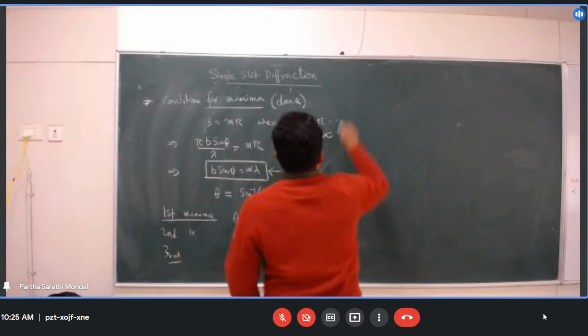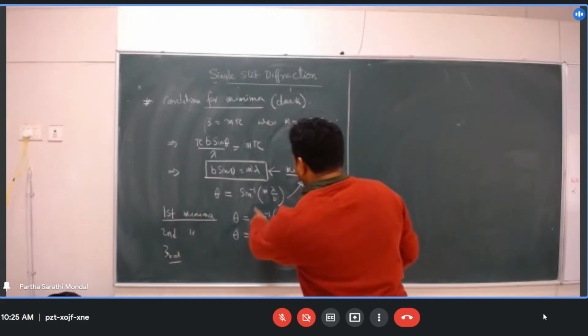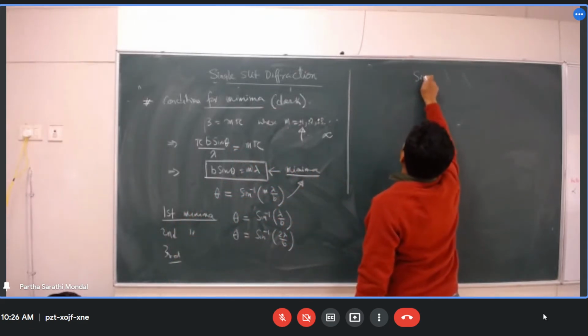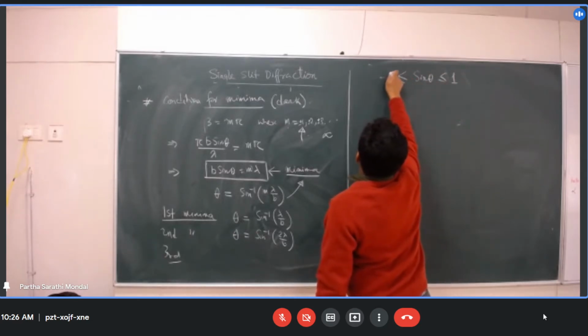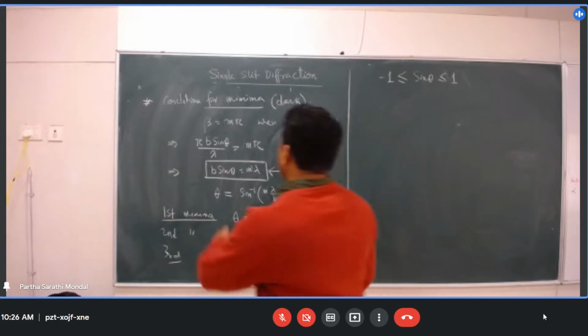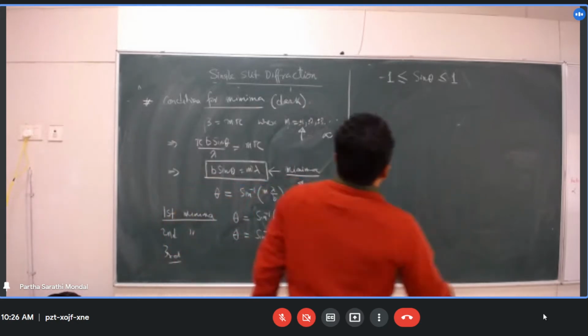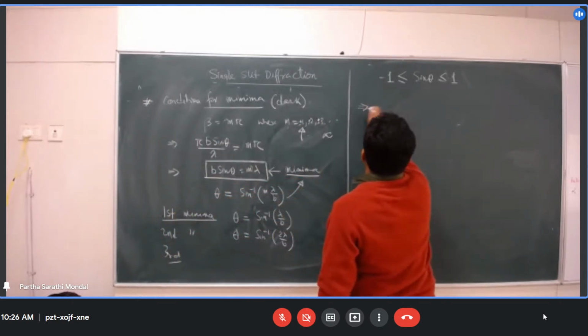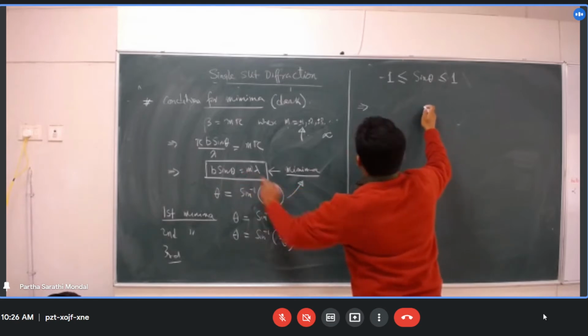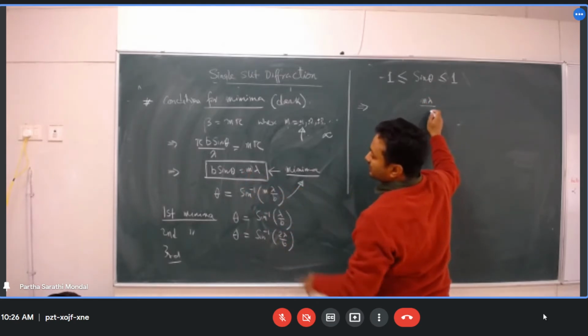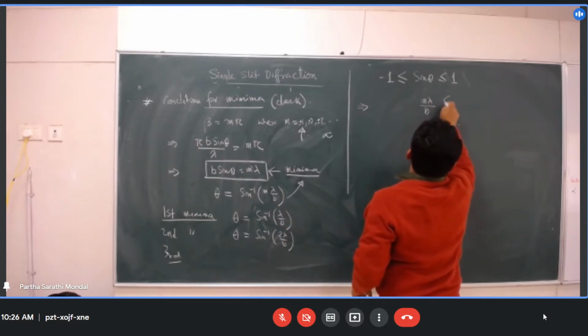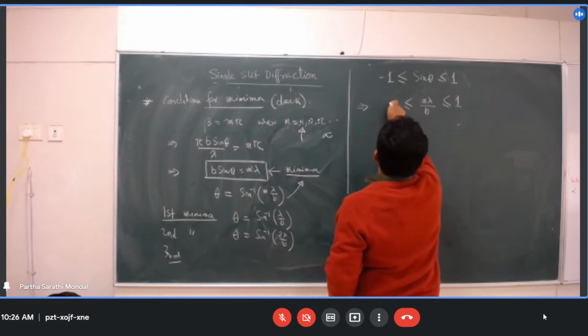So what I'm trying to say is that sine theta is restricted by this limit. If I put the value of sine theta here, it gives m lambda divided by b, less than or equal to 1 and greater than or equal to -1.